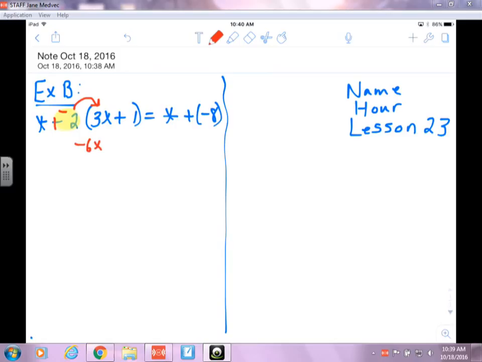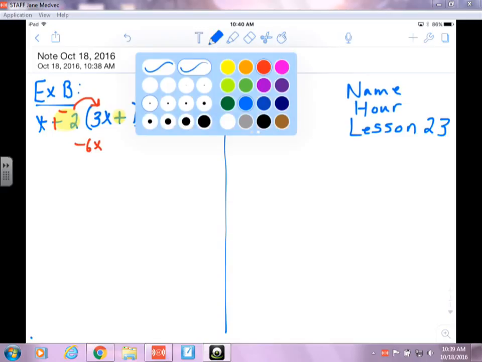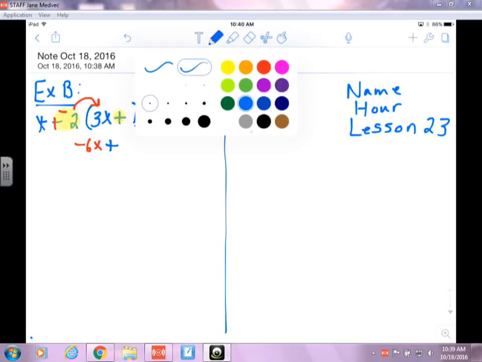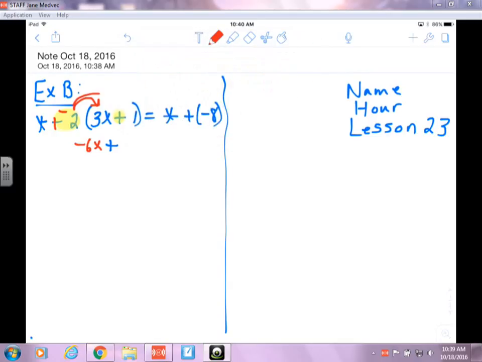Okay. Then I'm going to take this plus sign right here and drop that down, and it's going to be a plus sign here. So I just copied that down, and then I'm going to distribute the negative 2 with the 1, and I end up with negative 2, because negative 2 times 1 is negative 2.